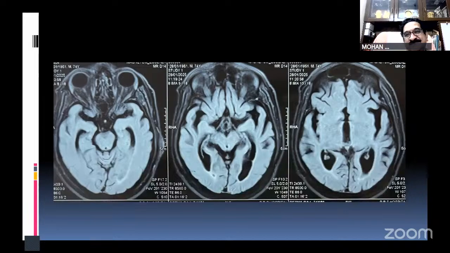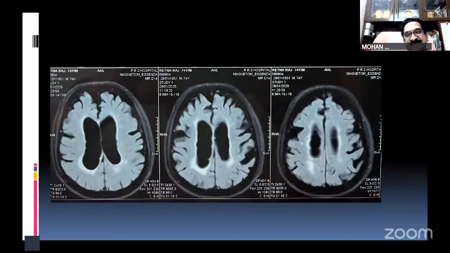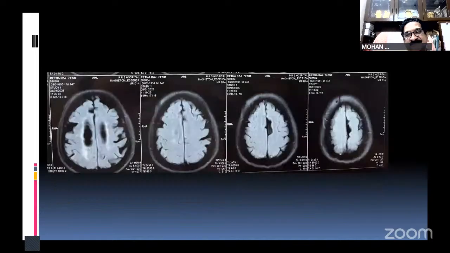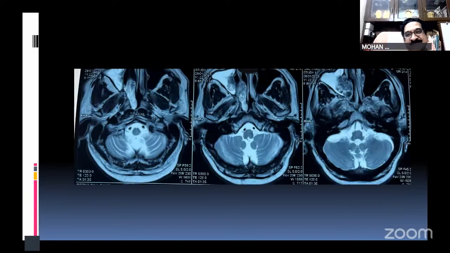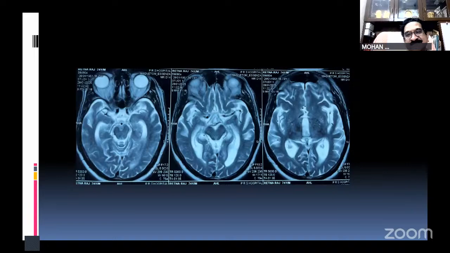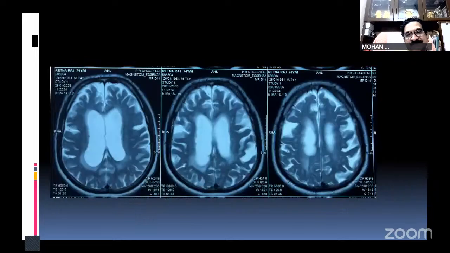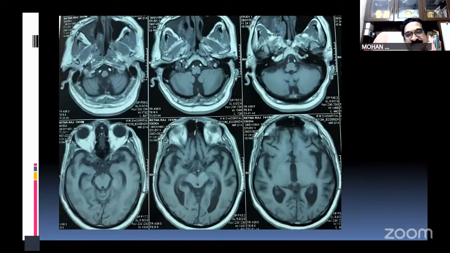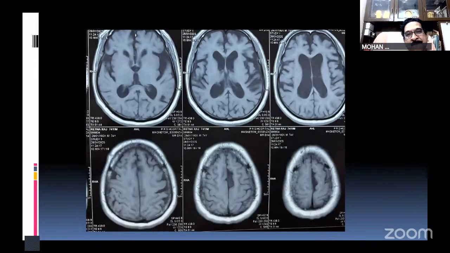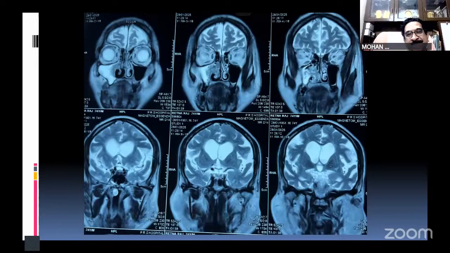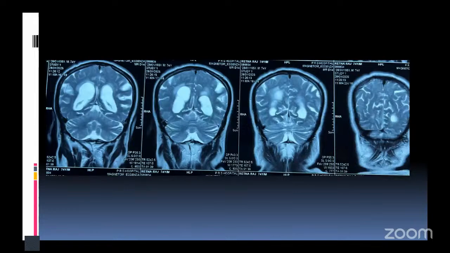This is the MRI. Did you say urinary incontinence?